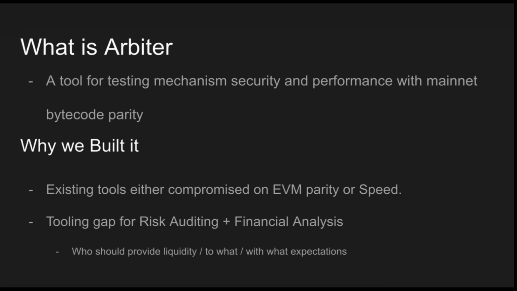And the gap particularly that we saw is that existing tools compromise on one of two things, these things being EVM parity or speed. The tools that we found existing before we built Arbiter only had one of these, not both.